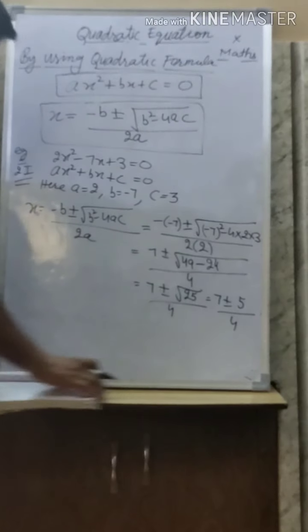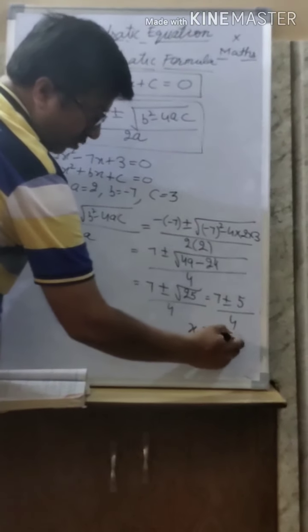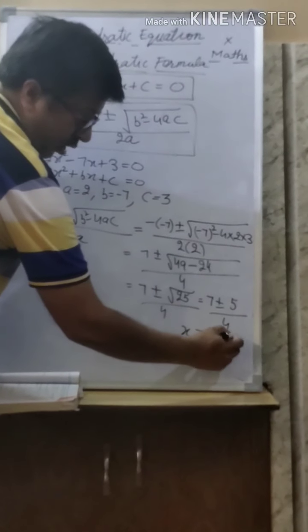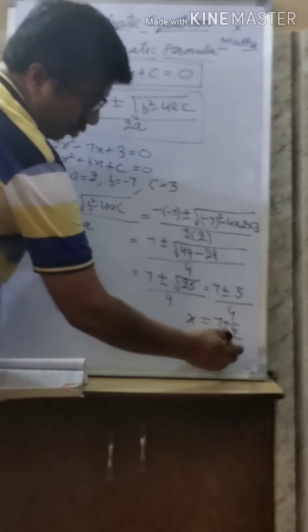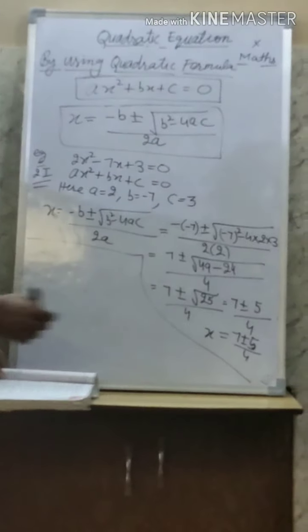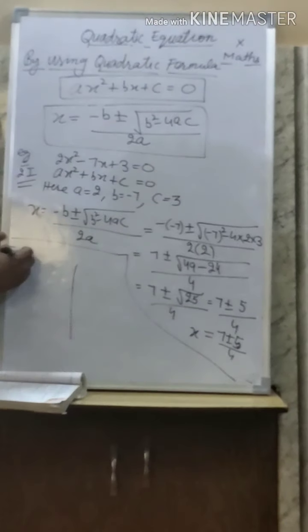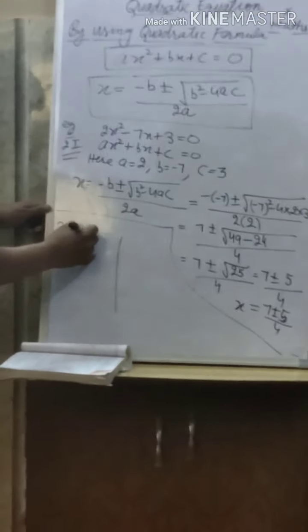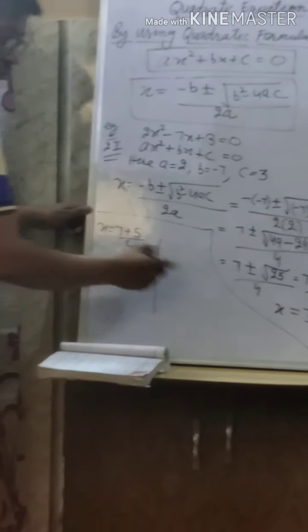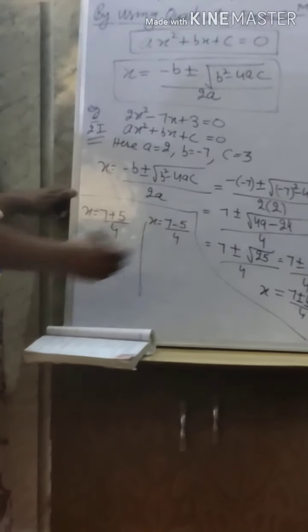So my dear students, you can see here these are the values, 7 plus minus 5 by 4. These are the two values of x. First we take the positive sign: x is equal to 7 plus 5 by 4. Second, we take the negative sign: x is equal to 7 minus 5 by 4, because you see plus minus.